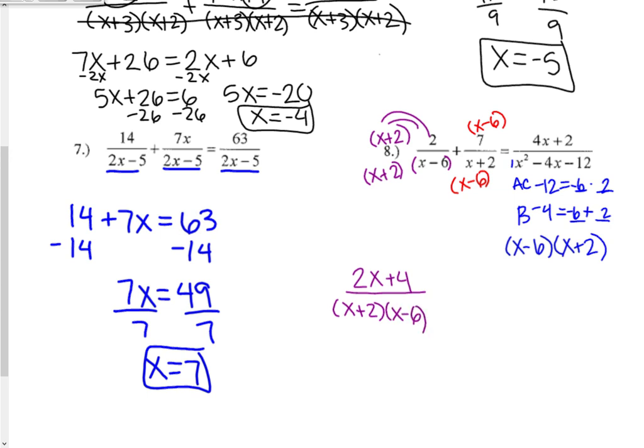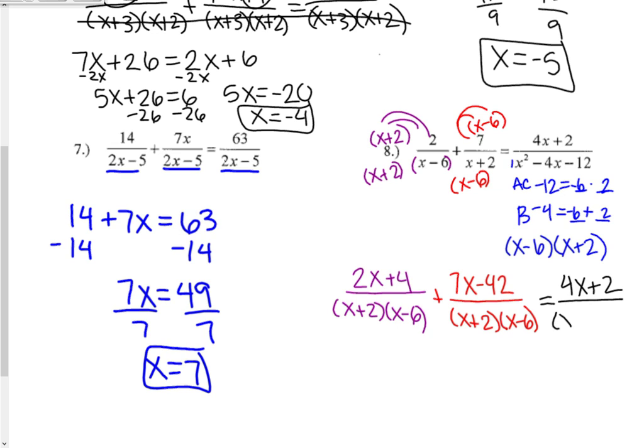In my second fraction, I'm going to distribute 7 to everything. So I'll have plus 7x minus 42 over x plus 2, x minus 6. For the third fraction, we don't have to change anything, so we're going to have 4x plus 2 over x minus 6, x plus 2.